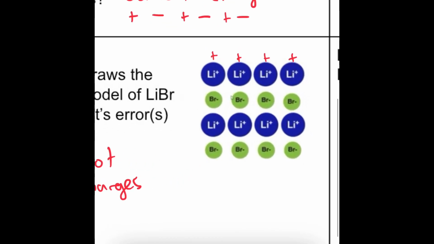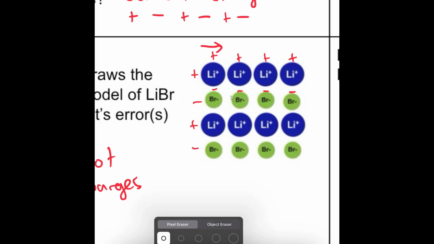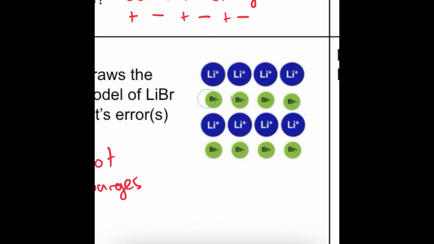And going back to the photo, we can see that they're doing the exact same thing with the bromines. So while they have alternated charges this way, they have not alternated charges going that way. So that's incorrect.